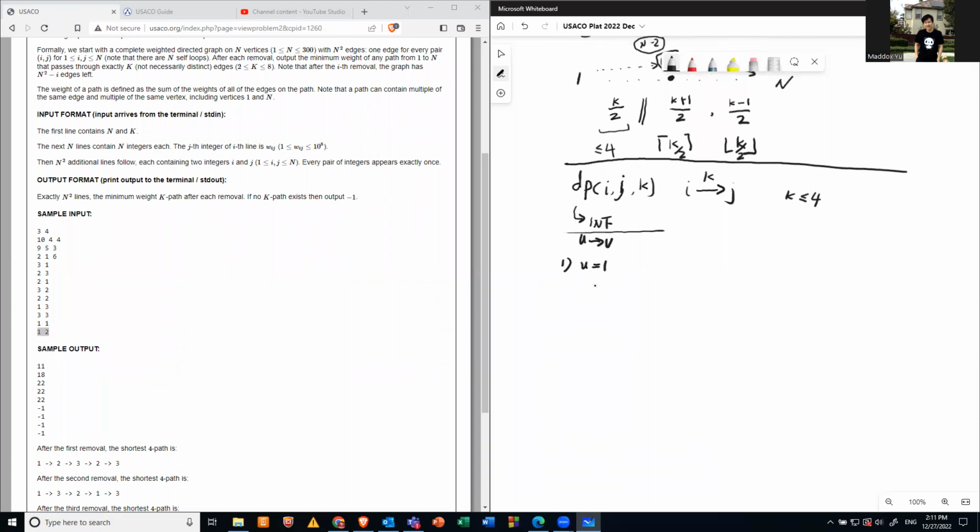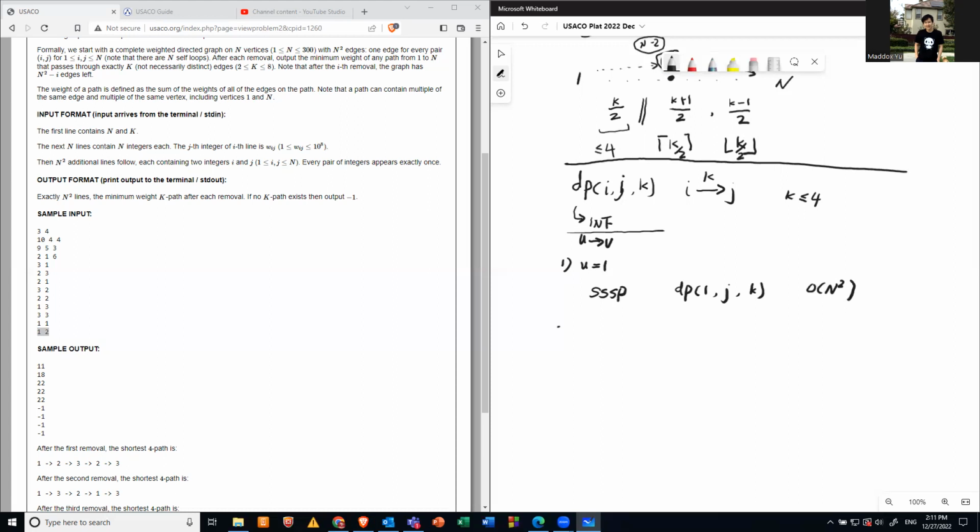So I just use my standard SSSP with k less than or equal to 4. I can find dp of 1 to any point of k, right? So that is a complexity of O(n squared).